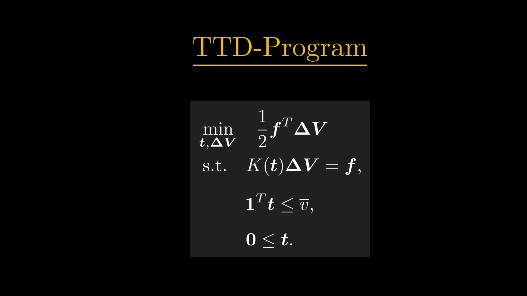Basically, this program can be reformulated as a semi-definite program, also called an SDP program, which in this case becomes a linear program with an additional constraint involving a matrix that must be positive semi-definite. This transformation is exactly what we are going to investigate now.